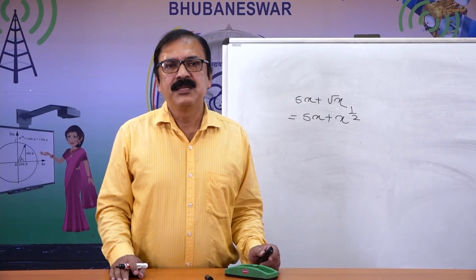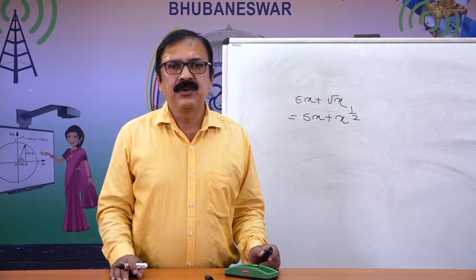In the case of minus 7x to the power 4, this is a monomial and its degree is also 4. Now in the case of 105, it is a constant. We have learned that constants are polynomials of degree 0. So 105 is a polynomial of degree 0.